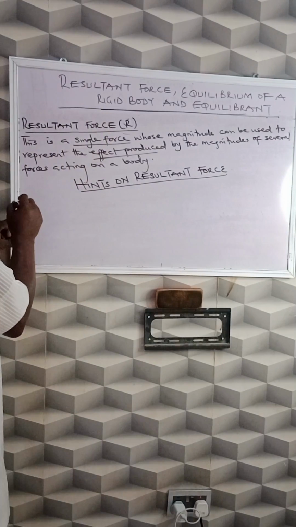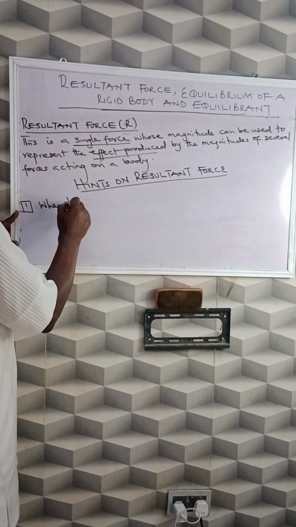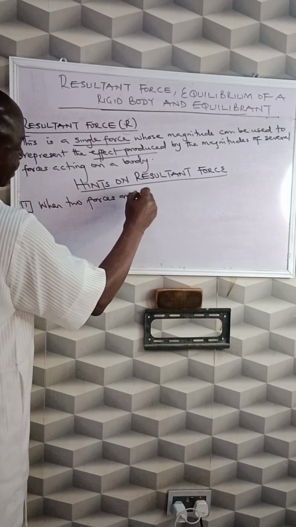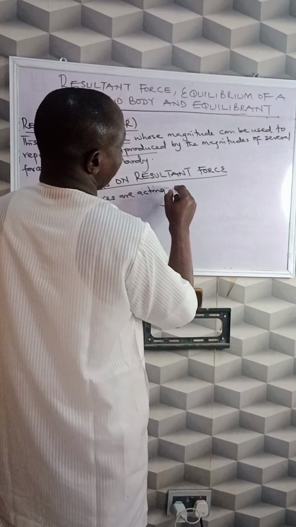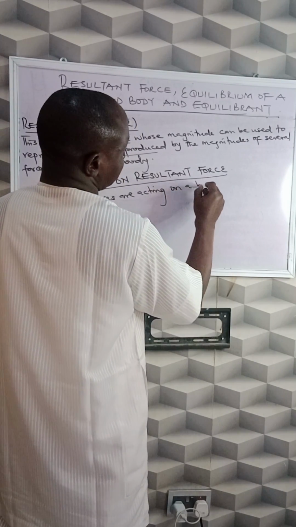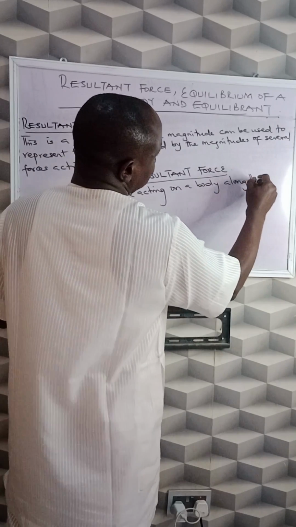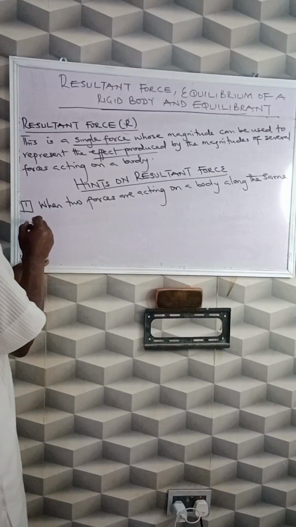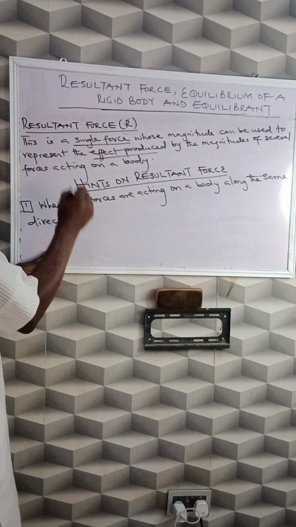What are the cases? Case number 1. When two forces are acting on a body along the same direction, how do we find the resultant?